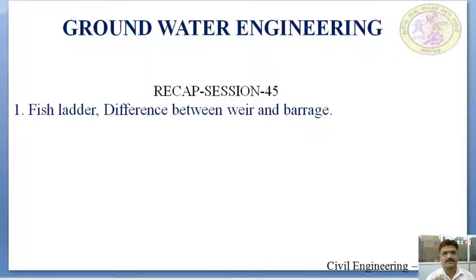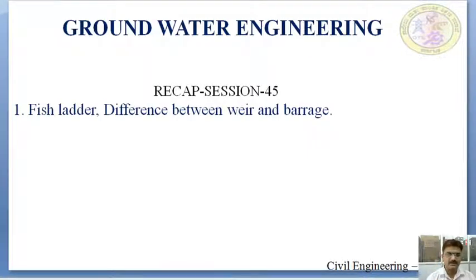Now coming to the differences between weir and barrage. Weir: the initial cost of construction of the weir is very less, since it is a low-rise wall. Coming to the barrage, since it has considerable height, the construction cost is high.